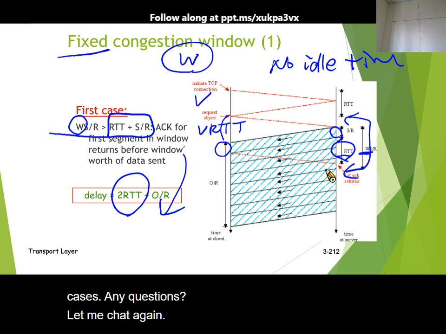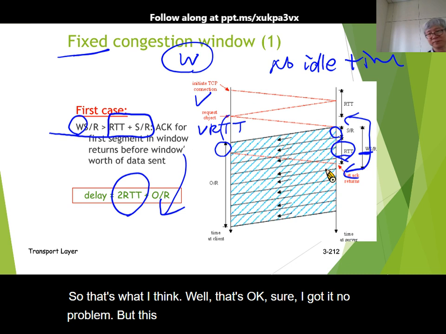Owen? Okay. And others? Should be okay, right? Perhaps you don't like the derivation, so that's why you think, oh well, that's okay. Okay, sure, I got it, no problem. At least we have the derivations.